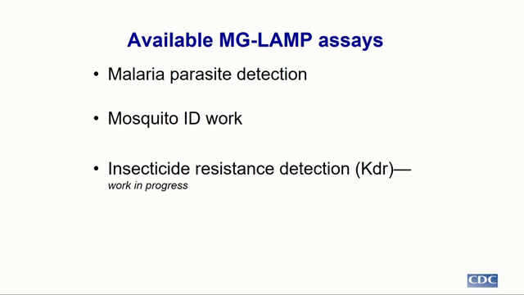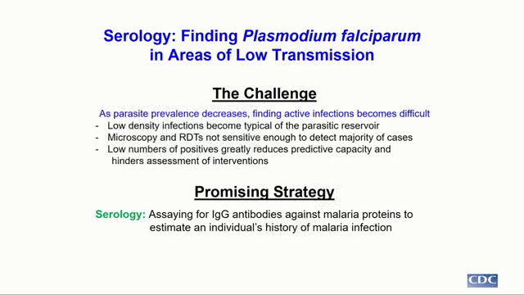Currently these tools are being considered not only by our group but by other collaborators, both in other countries' ministries of health and our colleagues at CDC in the entomology group. They are interested in using this for mosquito ID work, and they are also trying to develop such tools for monitoring insecticide resistance in the field. In addition to that, sorry.